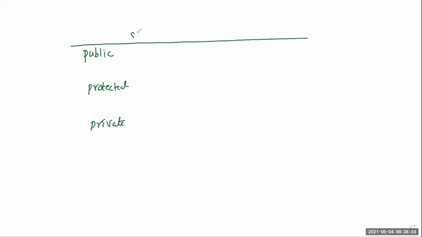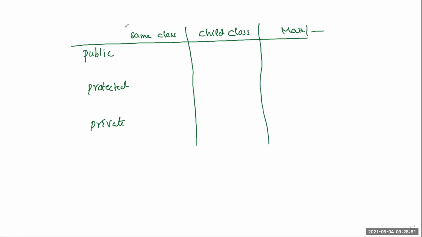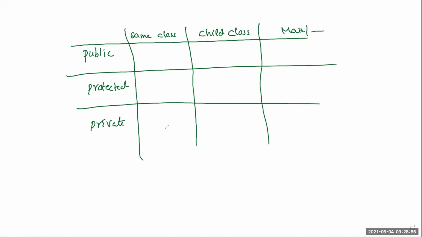So we say same class, child class, and main or any other class which is not a child class. Okay, so let's see what is allowed and what is not allowed.